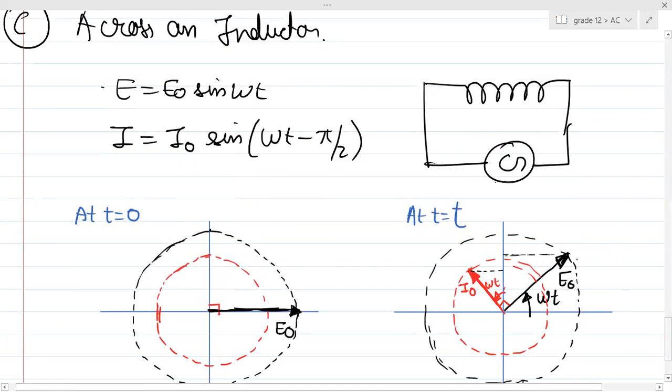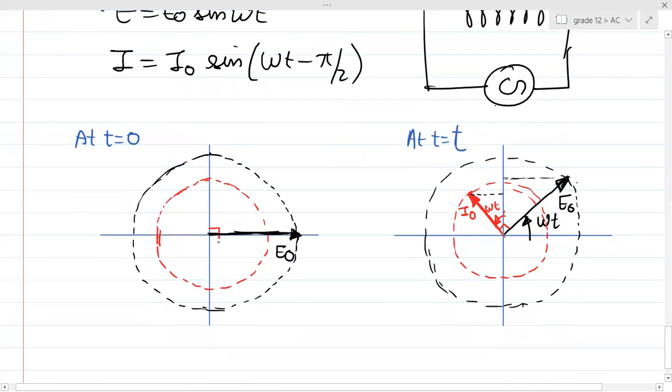Now the current which was leading earlier will now lag. So can you see I made it pi by 2 phase down, and here also.